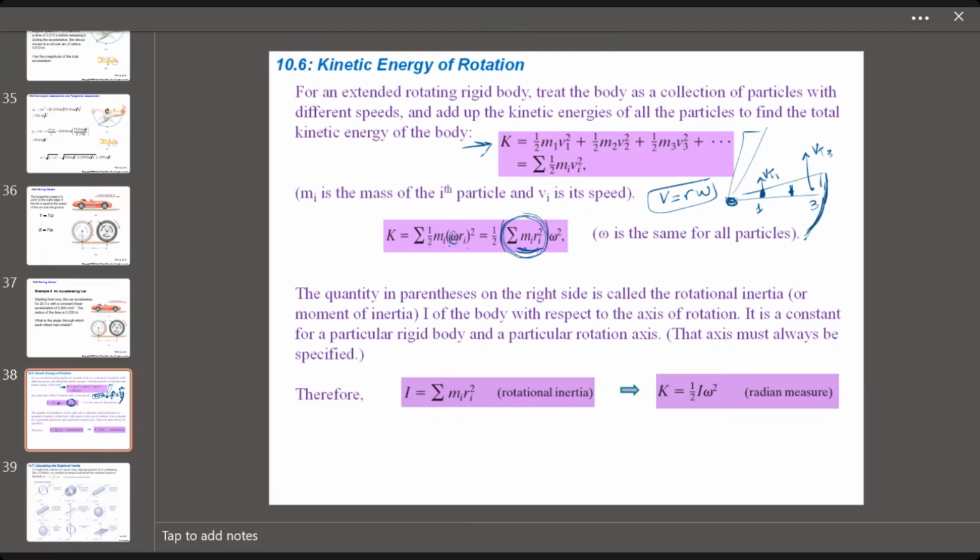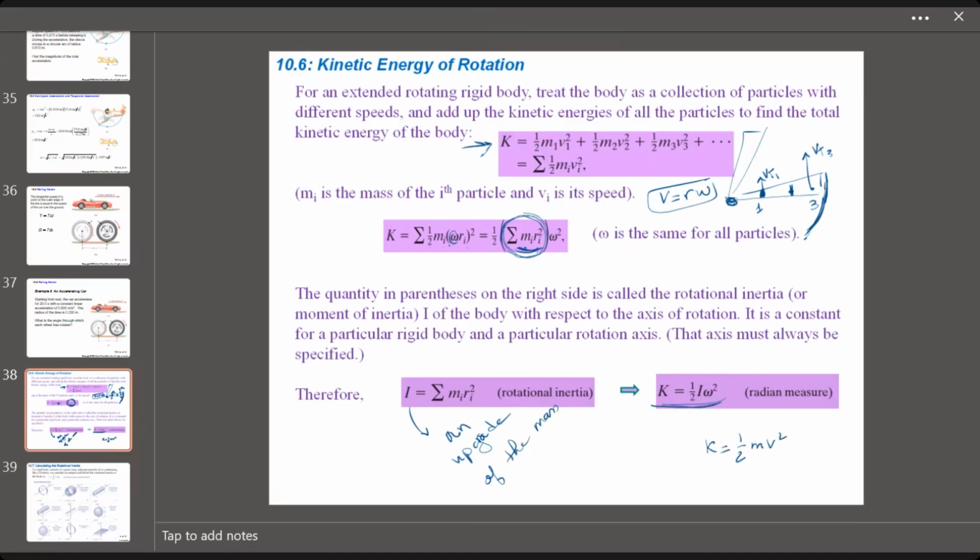This rotational inertia is basically an upgrade of the mass. Previously, we used to write K to be half mv squared. Now, look at my equation. It is half I omega squared.